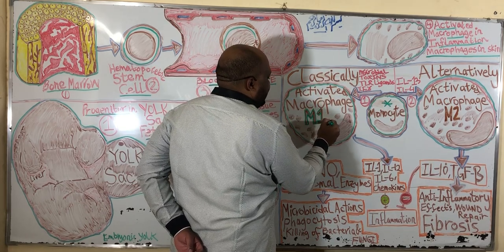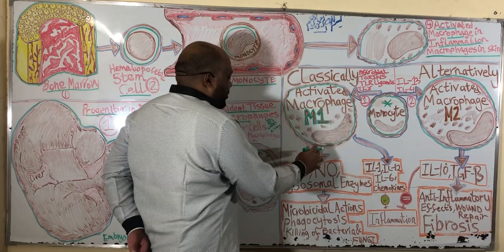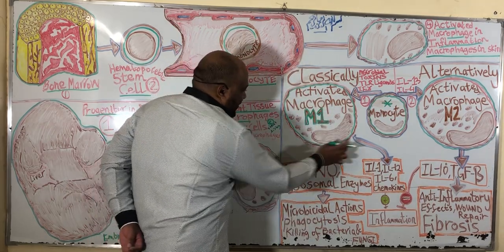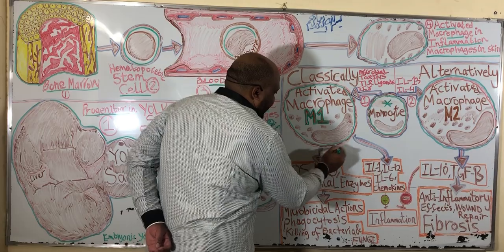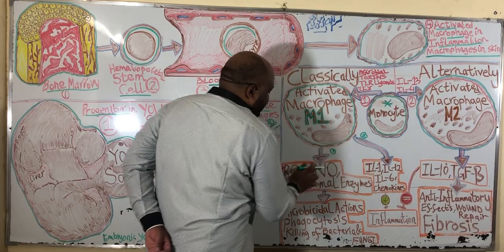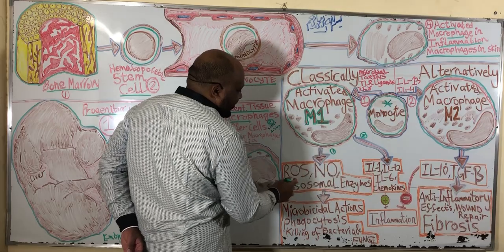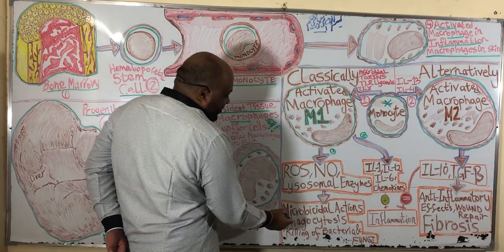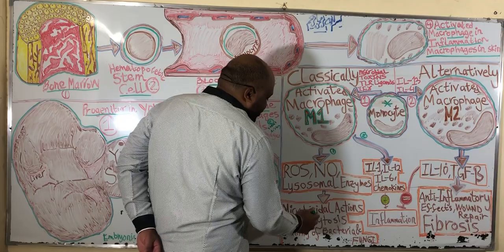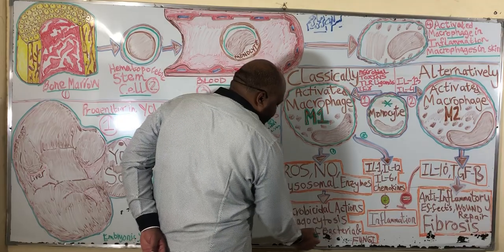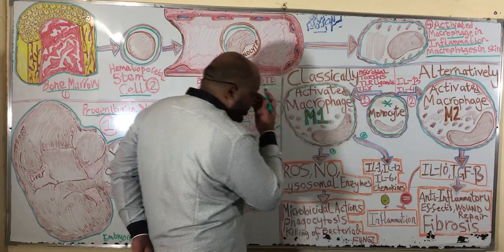In the classically activated macrophage, we will have two things, 1 and 2. The first thing, we will have release of reactive oxidative species and nitric oxide and lysosomal enzymes, and that will give us microbicidal actions, destruction and phagocytosis, and the killing of bacteria and fungi.